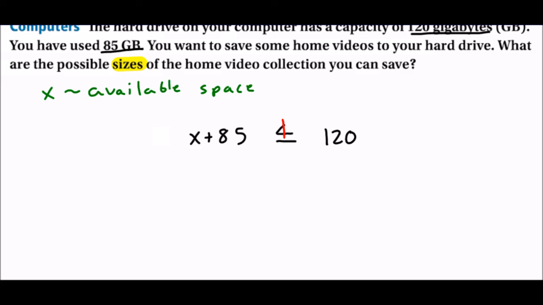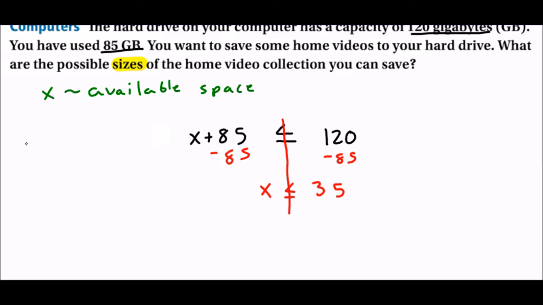And then we're going to go ahead and solve this. So I subtract 85 from both sides. And so what I get here is x is less than or equal to 35. So it's asking what are the possible sizes of the home video collection you can save.